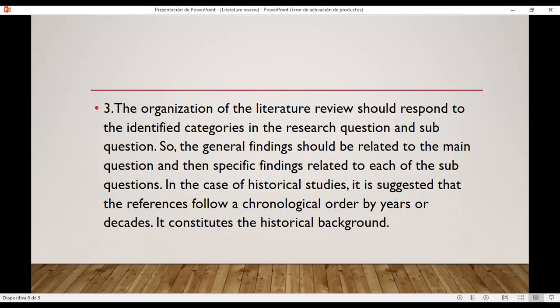For example, let's suppose that my research question is: what is the relationship between the use of the cell phone and the improvement of vocabulary in the English class? So I have some keywords there. If I include cell phone, that is technology, devices. So I should have some heading or subheading about technology, maybe devices.